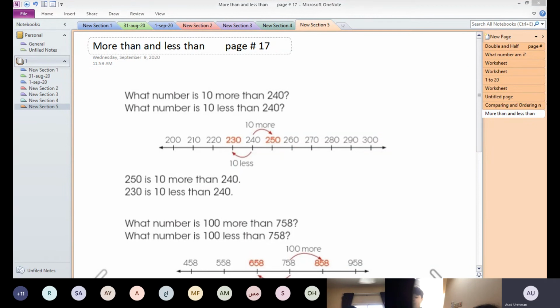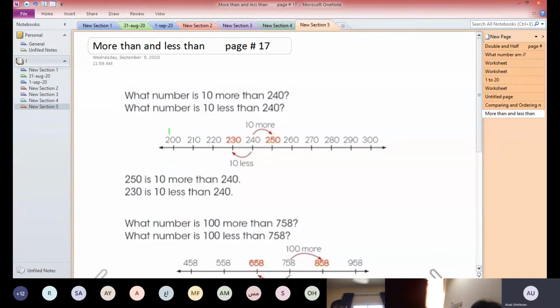If you look carefully, this number line is showing a pattern of plus 10: 200, then 210, 210 plus 10 is 220, 220 plus 10 is 230, 230 plus 10 more is 240, 240 10 more is 250, 250 10 more is 260, 260 10 more is 270.